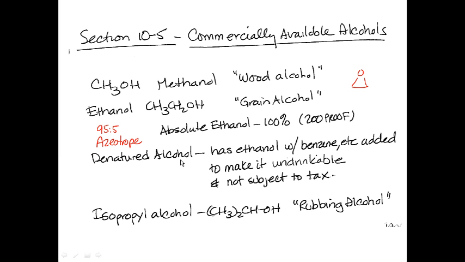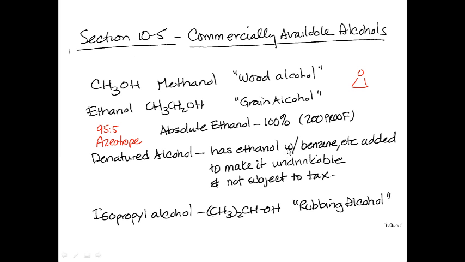Denatured alcohol is what we use in the lab, and that's alcohol that's had something added to it to make it undrinkable. The reason that we use the denatured alcohol in the lab is not because we're worried about students consuming it, because you'd have to be an idiot to do that if it has toxic things like benzene and other things added to it. Just a word of warning if you ever were dumb enough to think about doing that.